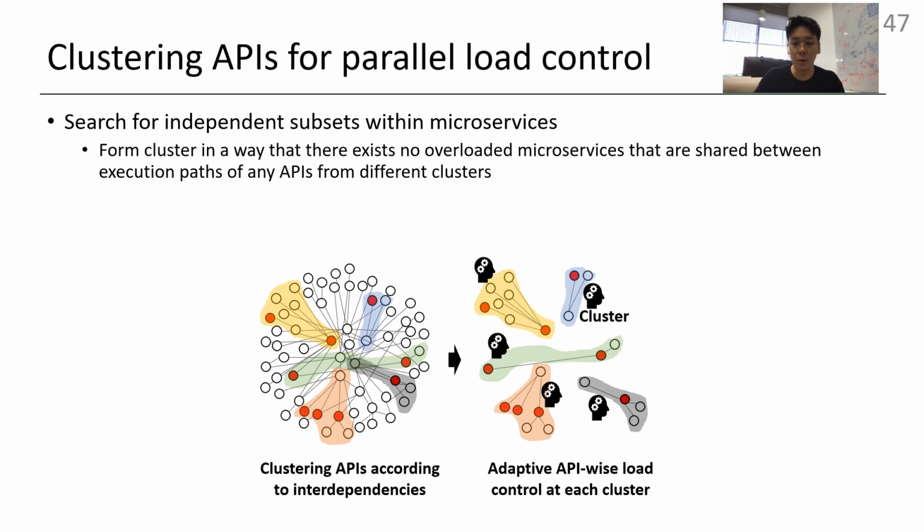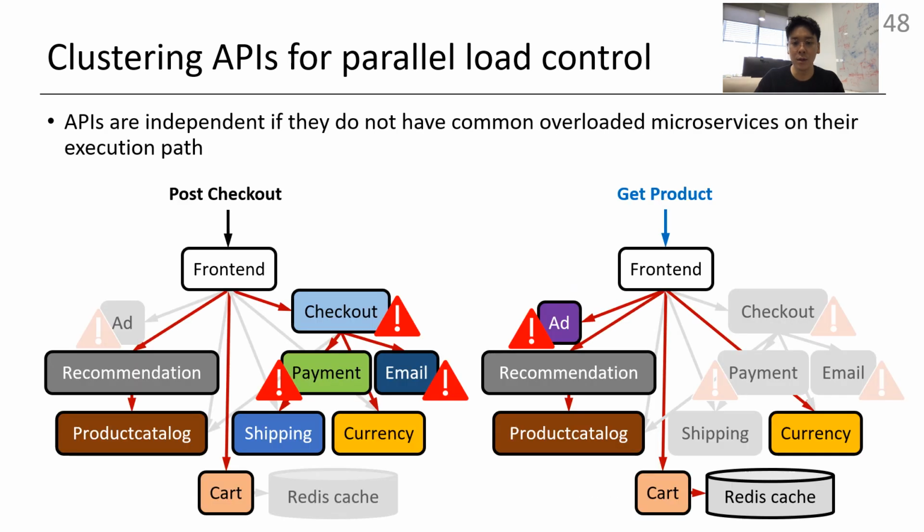To solve the problem, we have a design component for parallel load control. This component finds independent subsets within microservices by examining interdependencies between APIs. Here, we cluster APIs and perform the previous API-wise load control in parallel at each cluster. Now, when are APIs interdependent and when are they independent?